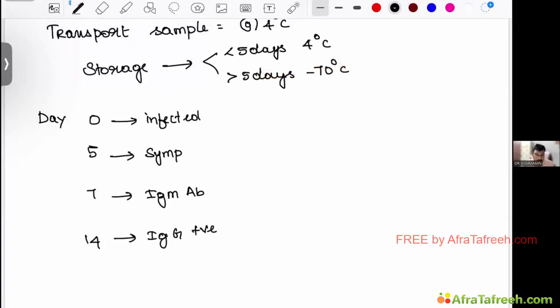And on day 28, the infection will start disappearing, so that SARS RNA and antigen disappear.